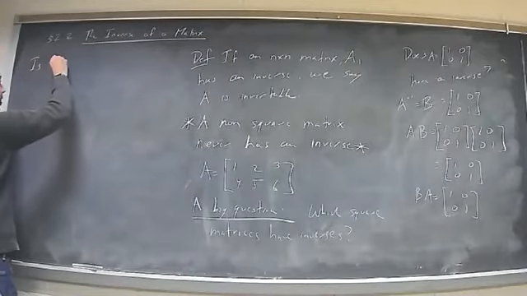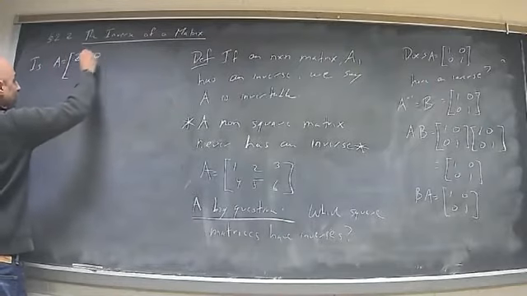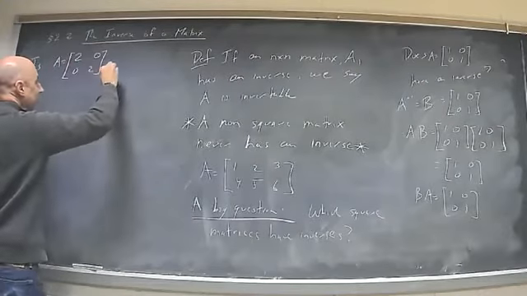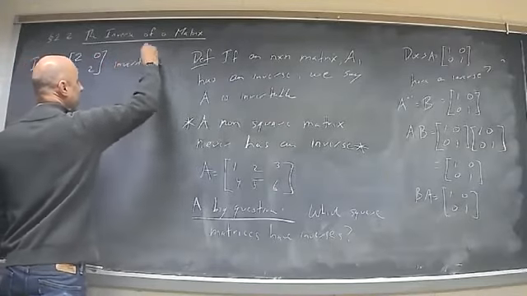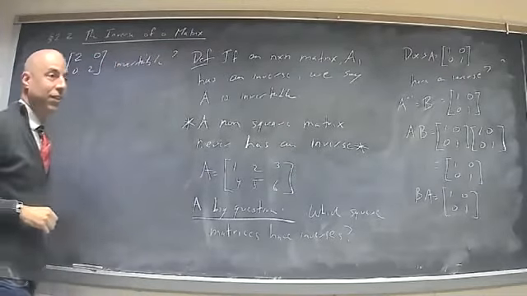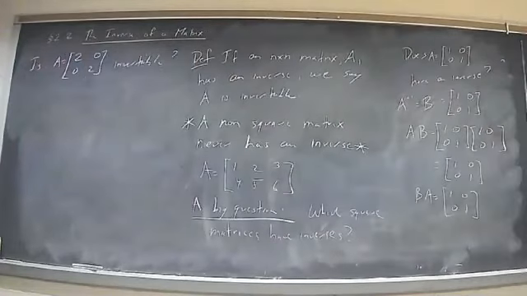Is 2, 0, 0, 2 invertible? It is if you can think of a matrix you can multiply against it in either order to give you 1, 0, 0, 1.